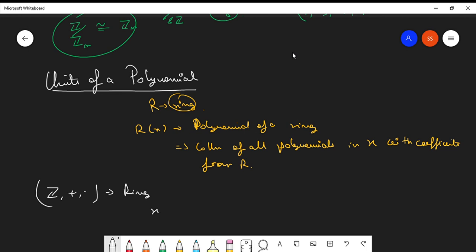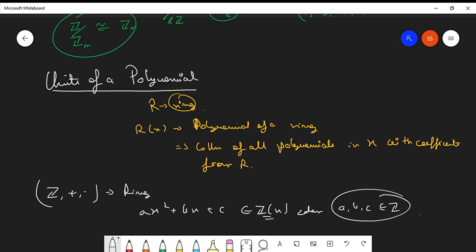So any polynomial ax² + bx + c belongs to the Z[x] polynomial ring, which also forms a ring, when a, b, and c belong to Z.